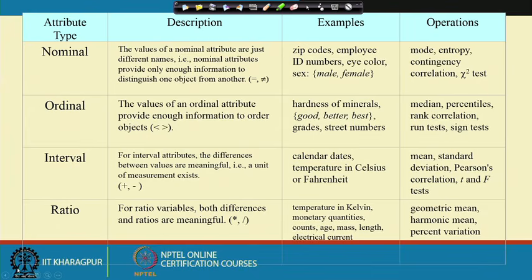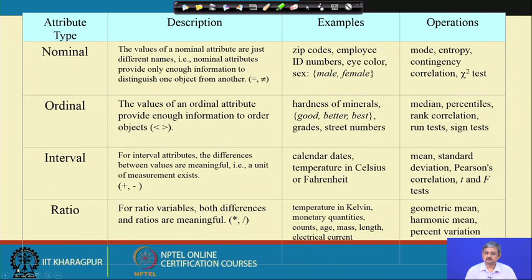Note that any data mining algorithm which requires you to compute some operation, maybe the geometric mean of a set of values, is applicable to a data type only if that particular operation is applicable to the attribute type involved in the data. For example, if you are dealing with nominal attributes, you cannot apply a data mining algorithm which computes geometric mean, because geometric mean is defined only for ratio attributes.